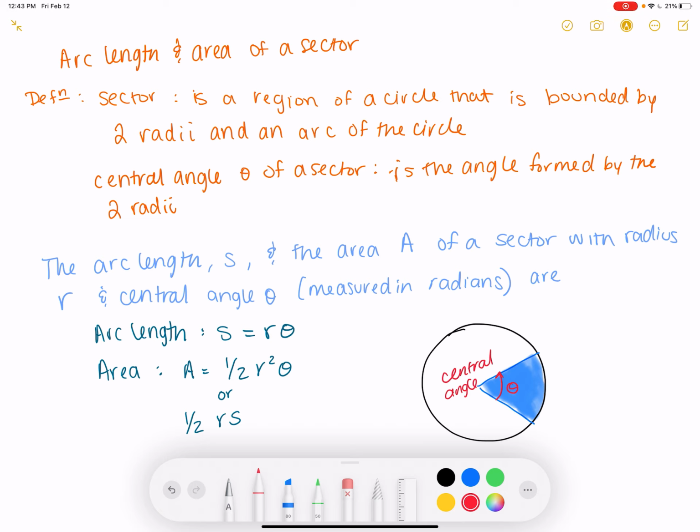Then this area in blue is the sector. And then this area here in green is the arc length, S. Okay, and these are R's here. So we'll have to find the arc length and area of a sector given all of this information. So I know it's a lot of notes, and I'm sorry it's so long, but I just need to get through this so we can spend time doing plenty of examples in class.